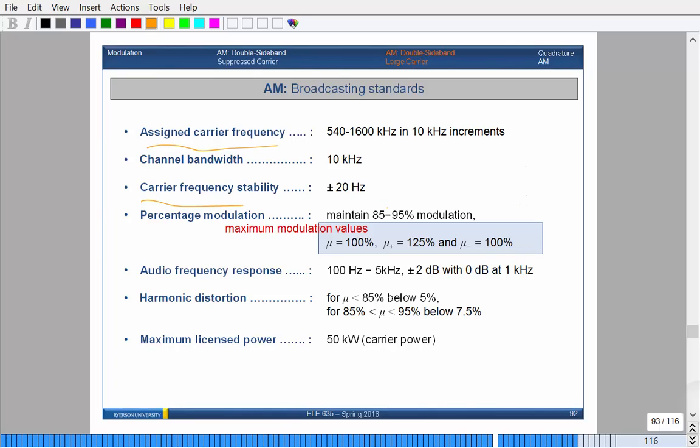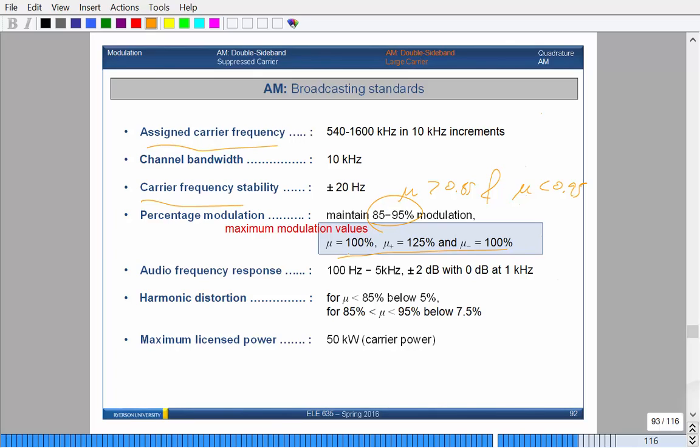The percentage modulation, or mu, is going to be bigger than 0.85 and less than 0.95, so that's 85 to 95%. The maximum modulation values in terms of plus and minus are like this, so you can go above and below, depending on your situation.